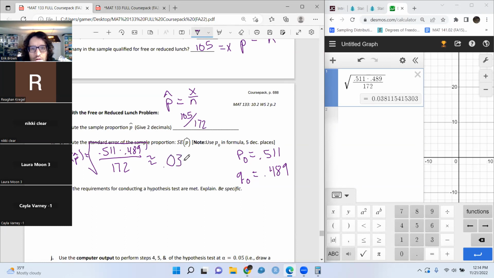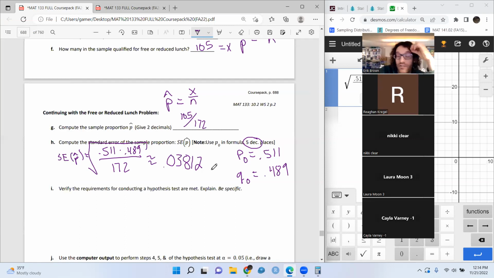If you remember, standard error was five decimal places. Standard error was used in the confidence interval, and that's kind of where this is here too. So you can check the reasonableness of your answers by thinking about this as the plus and minus from around the P hat. Now it's different because we're working with a hypothesis test, not a confidence interval.